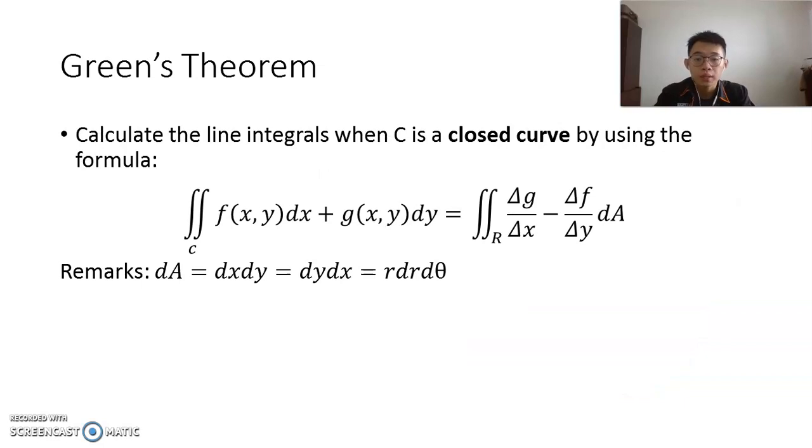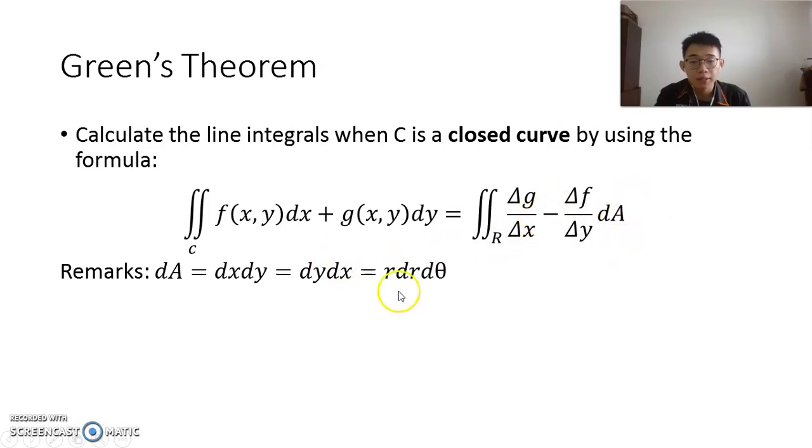So how do we apply Green's theorem? Basically, we can use Green's theorem to calculate the line integrals when C is a closed curve by using the formula below here, which is the integral of f(x,y) dx plus g(x,y) dy, which equals the double integral of the partial derivative of g with respect to x minus the partial derivative of f with respect to y, over dA.